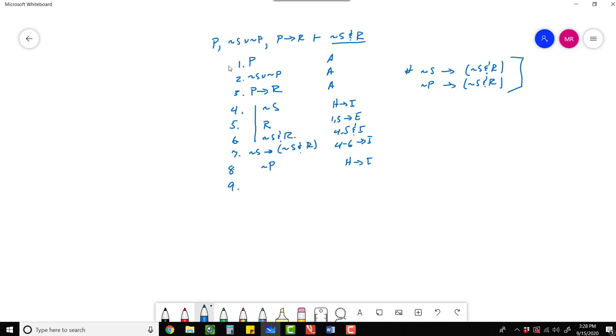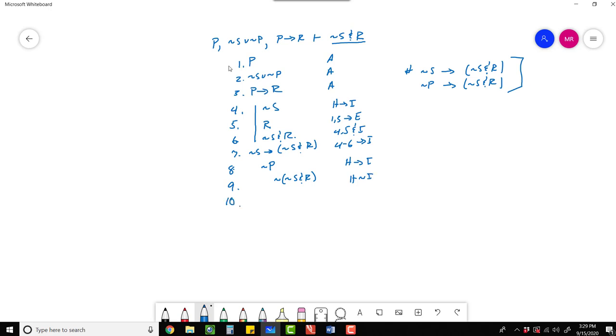Now, calm down, because you can't just go, oh, P and not P, because you are not right now involved in negation introduction, right? So you got to get yourself involved in one first. So you're going to hypothesize the negation of what you're trying to prove, which in this case is it's not the case that not S and R. So hypothesize for negation introduction, okay?